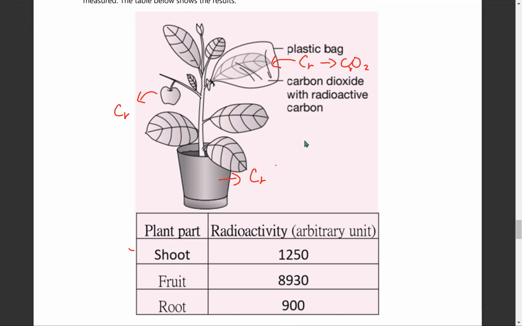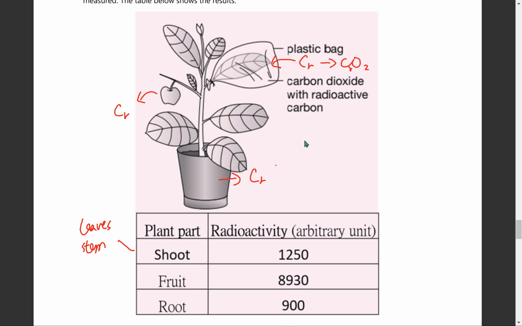Now what I mean by shoot is including the leafy parts, the leaves and stem. Usually when we use shoot, we are referring to the leaves and stem of a freshly or newly grown plant.